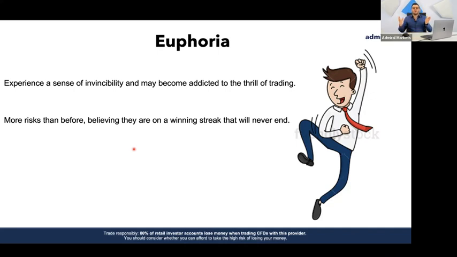Therefore, if we are convinced mentally by our experience of multiple winning streaks that this is going to just keep going in our favor, then why not increase the risk and maximize the return?